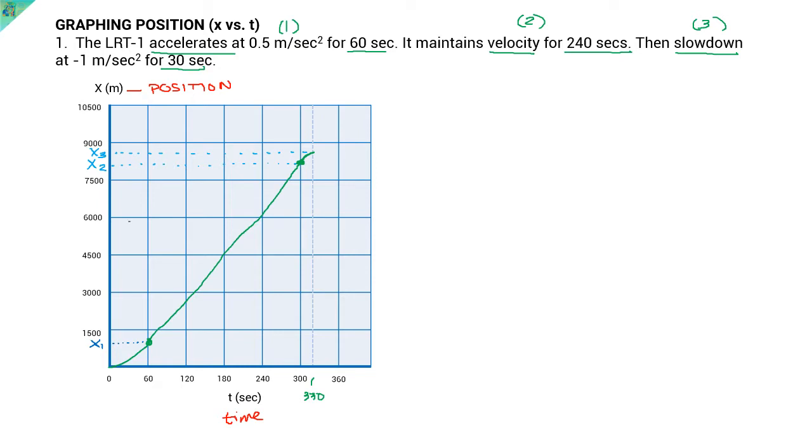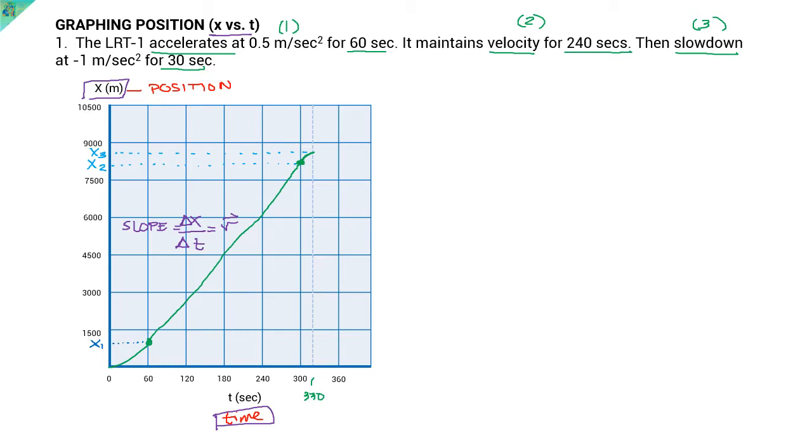So kindly remember the slope of a position time graph, that will be the change in x, or the change in position over the change in time. And the change in position over time is simply the velocity, which means when you try to search for the slope of the line here, you are actually also searching for its velocity.